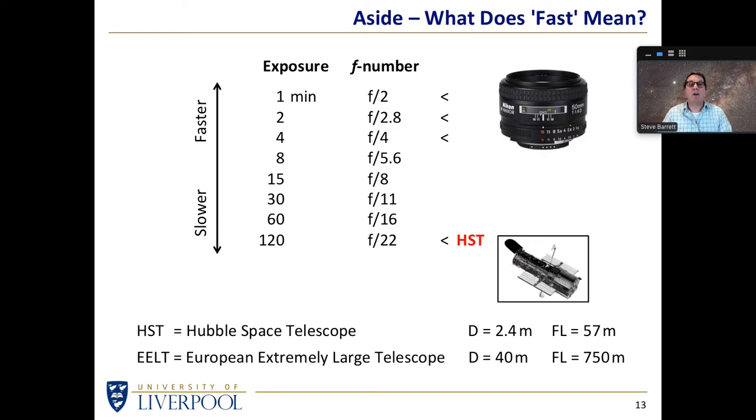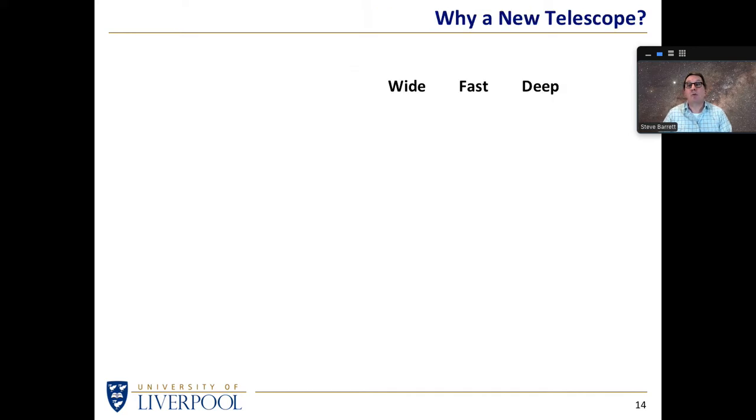Divide one by the other, we find that the European Extremely Large Telescope might be operating at something like F16. So, large ground-based or space-based telescopes are not necessarily optically fast, and also they have rather limited fields of view, so they're not ideal for survey telescopes.